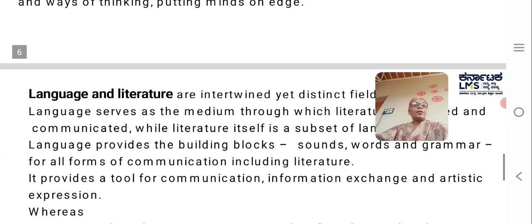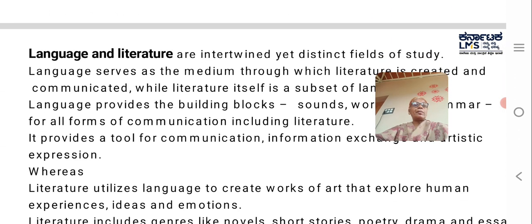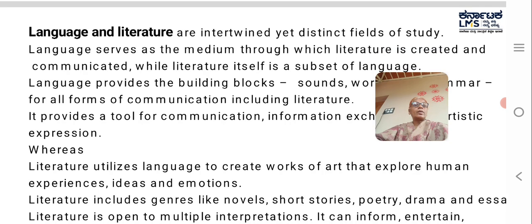So, how can we differentiate language and literature? Language and literature are intertwined, but they have certain distinct qualities. Language serves as the medium through which literature is created and communicated.